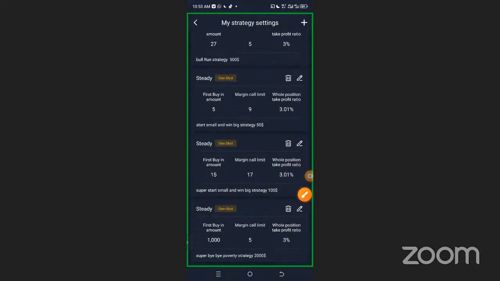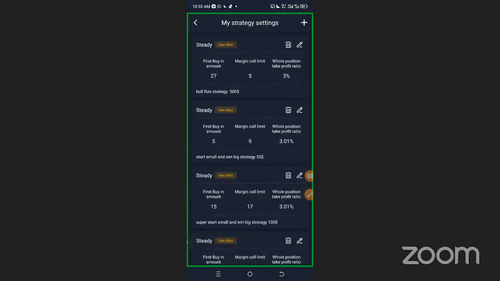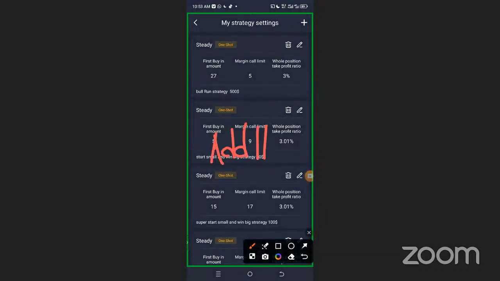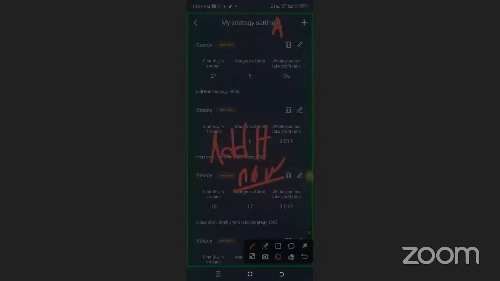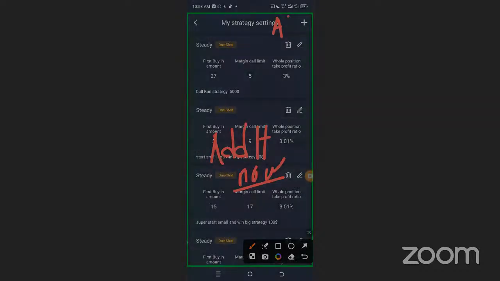After clicking on that arrow, if you have not saved any strategy in your RoyalQ account, here in the middle you will find the words Add it now. Or when you come up here, you will find the words Add it now.